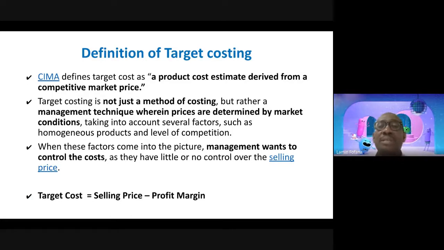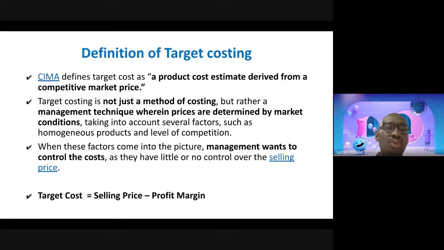Competitive market price means when you look at different market prices of your competitors. Okay, so target cost is not just a method of costing, but rather a management technique wherein prices are determined by market conditions. It's a very efficient way of costing.